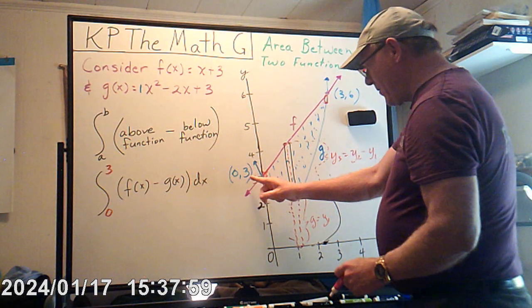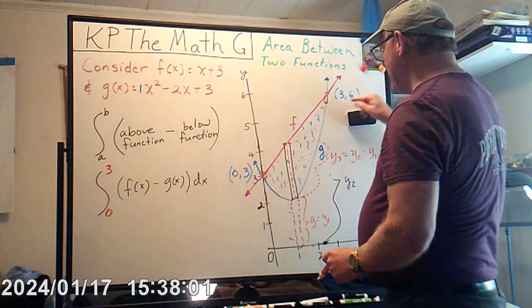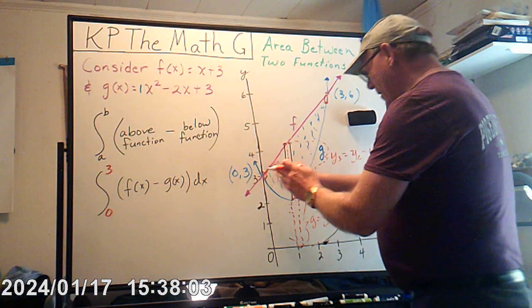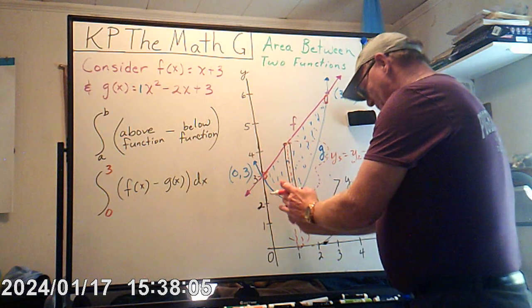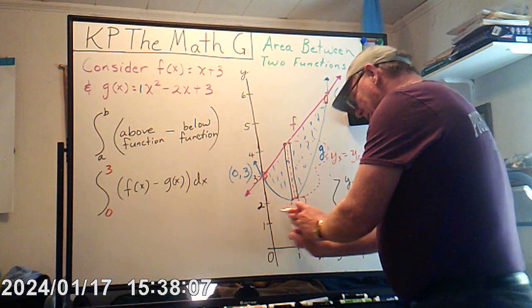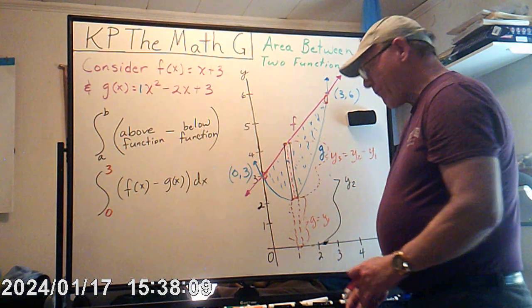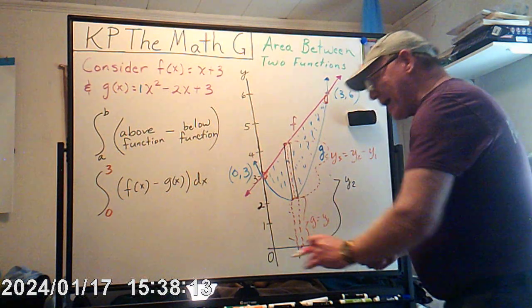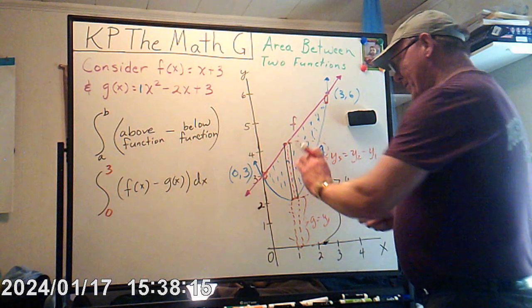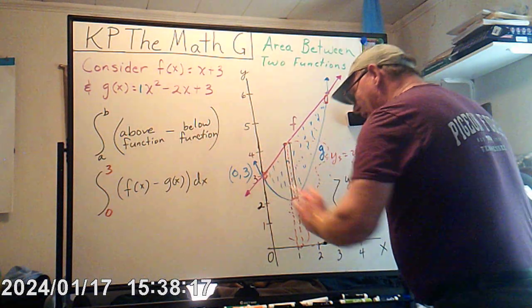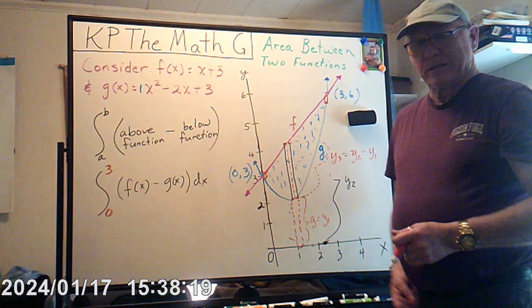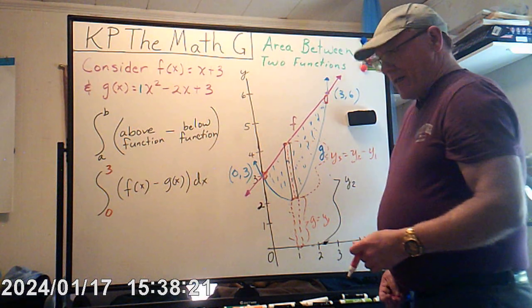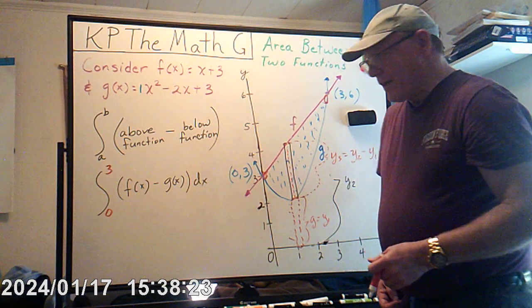I'm not taking the y value. That's a different lesson. We're not going from 3 to 6. I'm looking at the x value. If this subinterval is perpendicular to x, we're going to look at x. If this interval is perpendicular to y, we're looking at y. And the next lesson is going to be dealing with y.